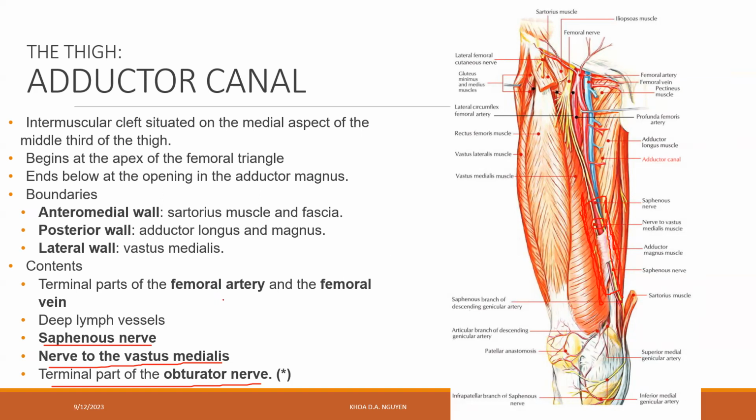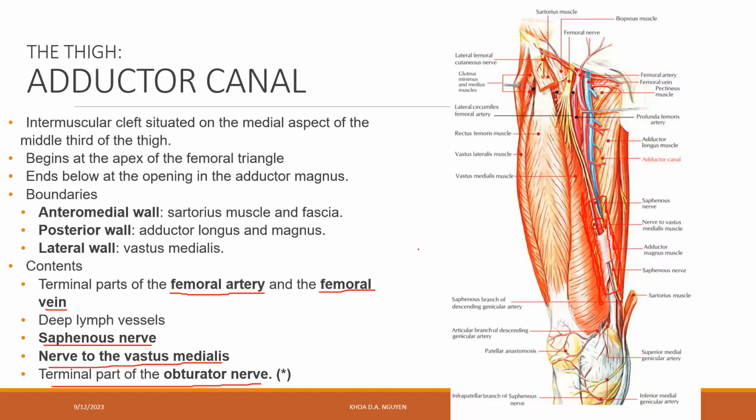One thing about the contents of the adductor canal is that in the adductor canal, the femoral artery and the femoral vein will switch places. Remember, when we said that the artery is going to be more lateral to the vein here, right? But then in the adductor canal, they switch places with one another.